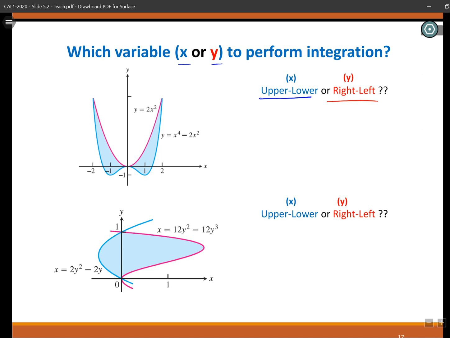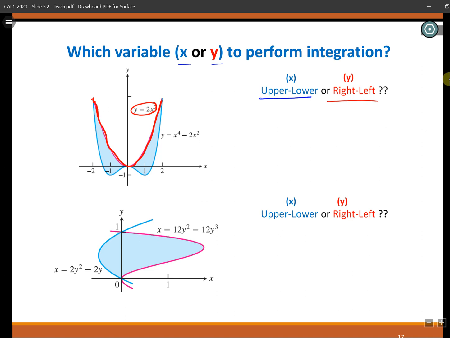Now, let's take a look at this one. So here we have some region, and let's take a look at the first region. This region is trapped by two curves. The first one is this red line, and this red line is y equals 2x squared.